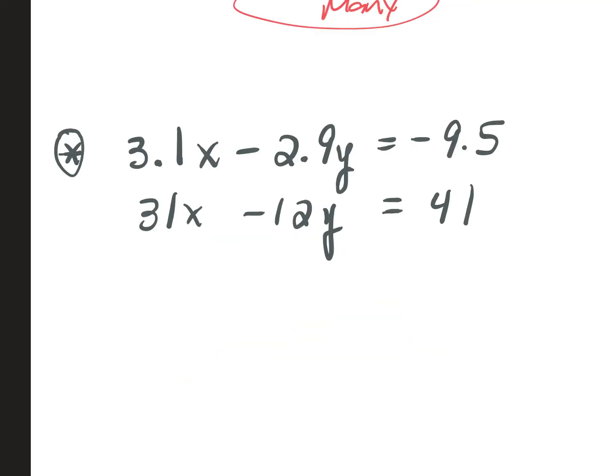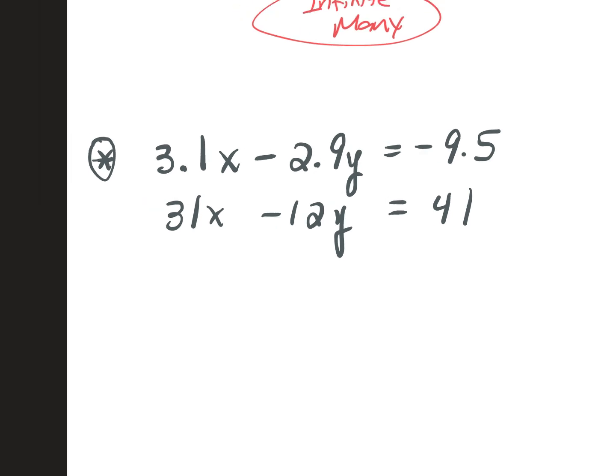All right, you guys are going to get some equations on your web assignment and on your test that involve fractions or decimals. A lot of times you guys don't like decimals, you don't like fractions, which is totally fine. You can leave it just like it is in decimal form, or you can get whole numbers. The way that we would do that, if you notice in this first equation, 3.1, 2.9, 9.5.